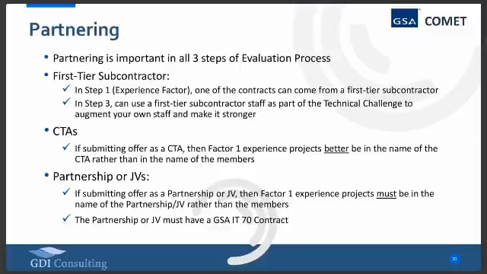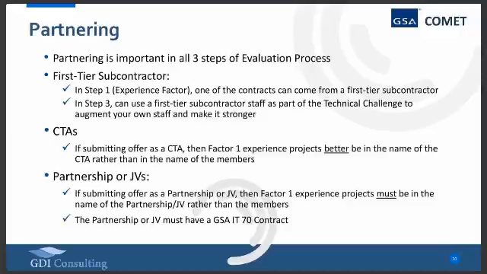But if you have a CTA that has worked together before on a project, and you use that project as one of the 3 projects, you're going to get more weight. So that's why I've written this as it's better to be the projects, better to be in the ones that the CTA worked on them previously.